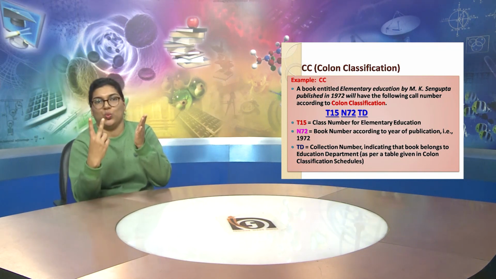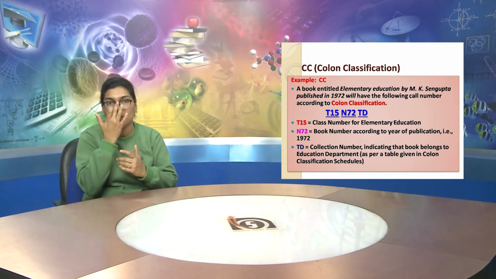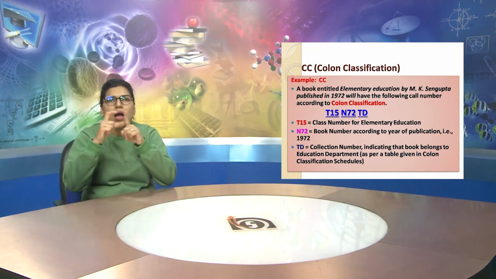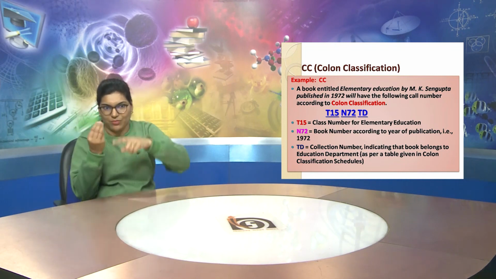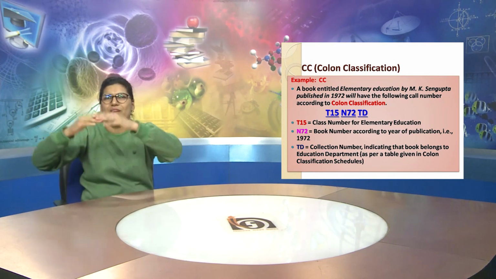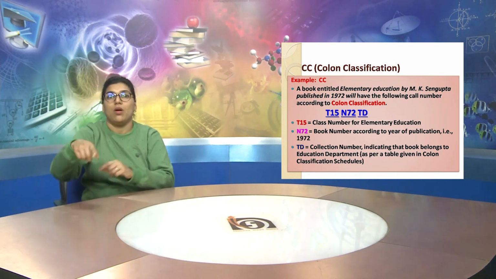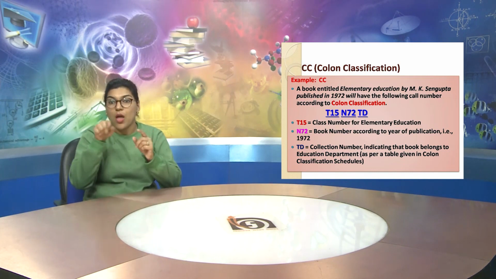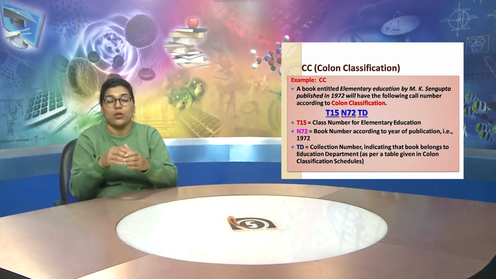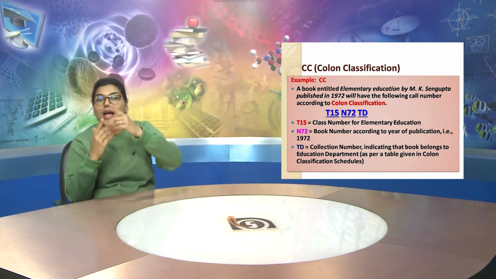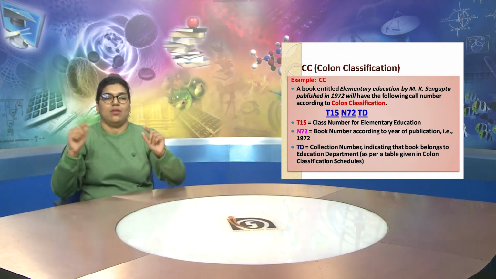And the third part where we can see T and D. T is the education and D is the department, because the book belongs to the education department. So that is why this call number will come in this book.